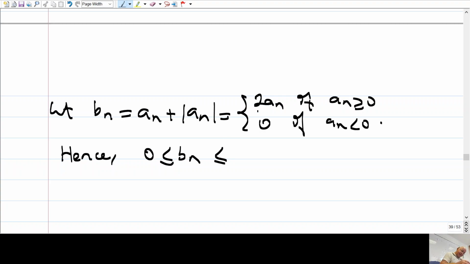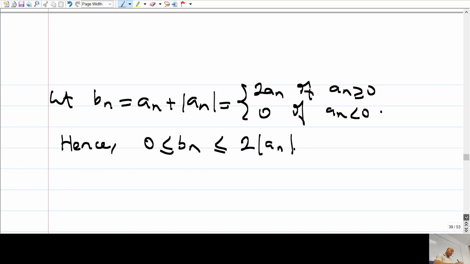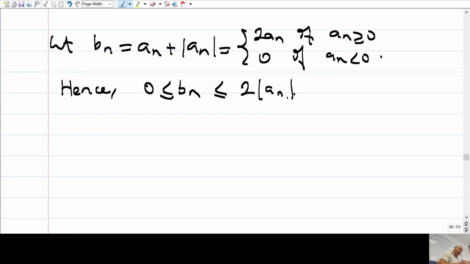And bn is always less than or equal to 2 times the absolute value of an.